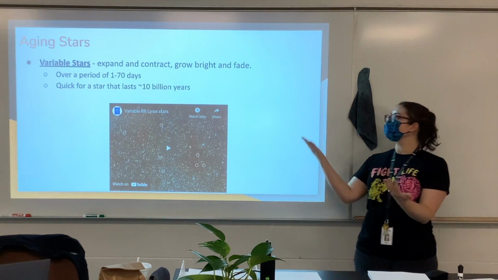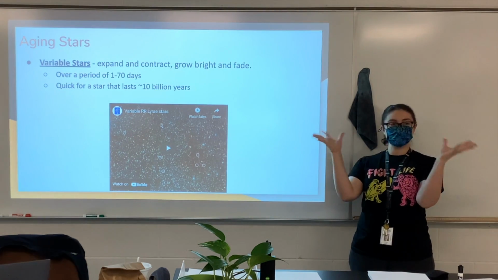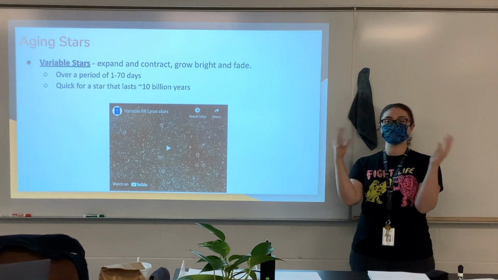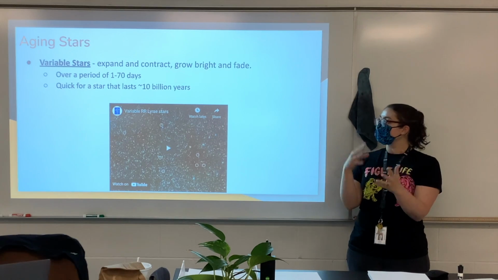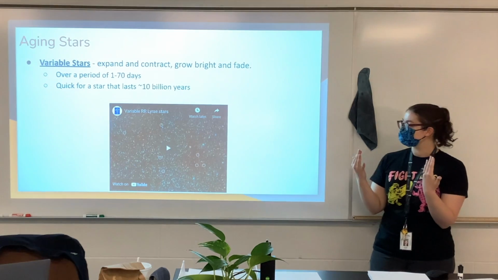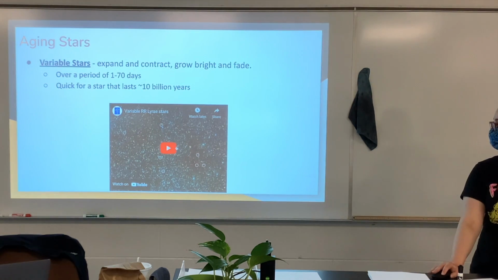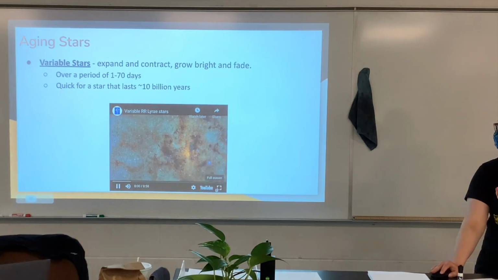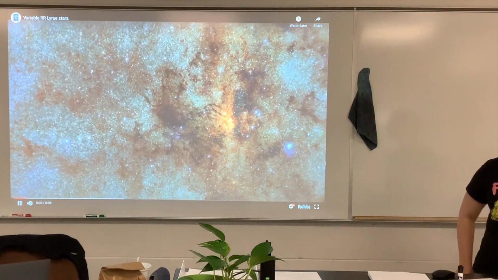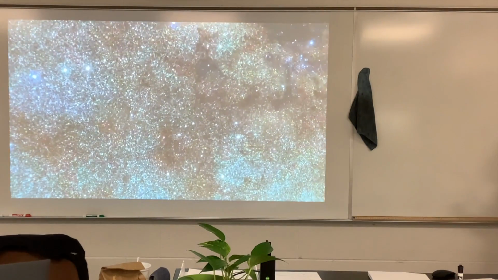Most variable stars have dimming, and part of this expansion and contraction actually causes them to dim and brighten. This can happen over a period of 1 to 70 days, which is really quick for a star. So I want to show us this video so we can see what that looks like. It's going to zoom in and actually highlight what the variable stars are.